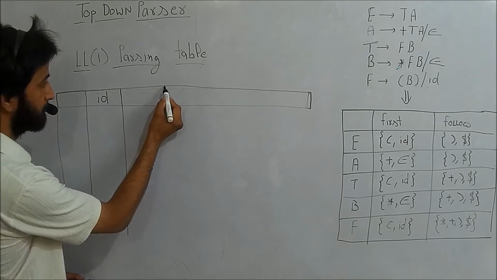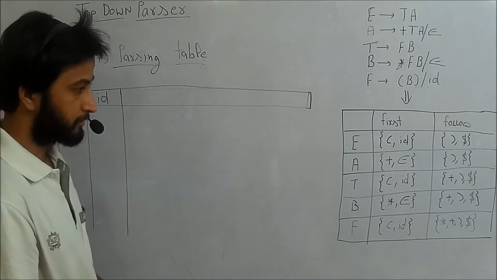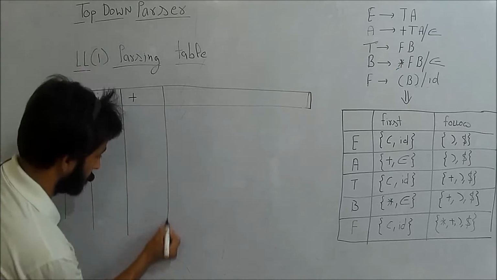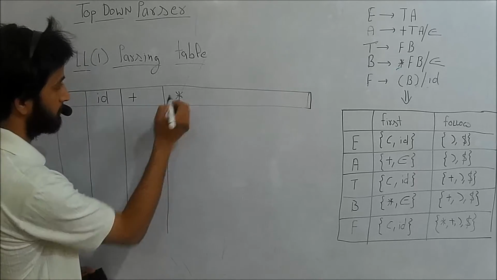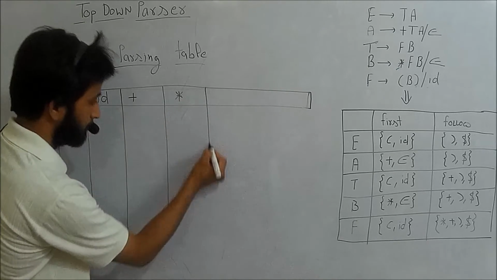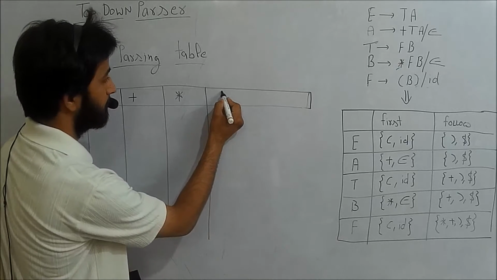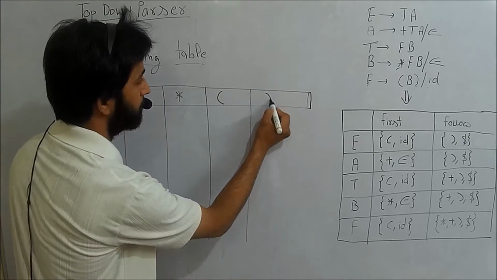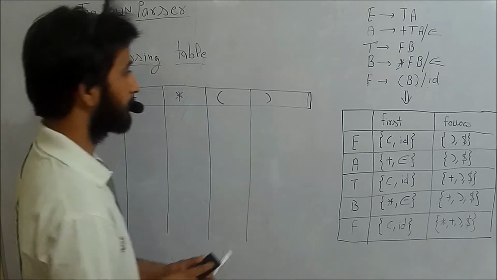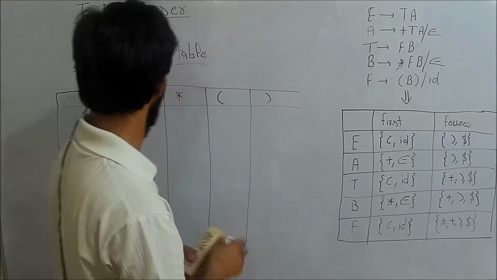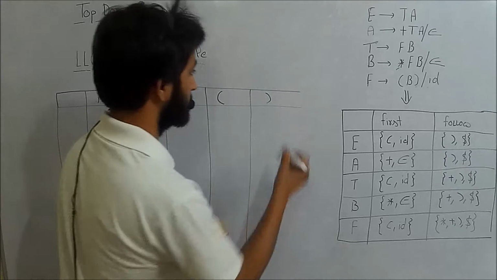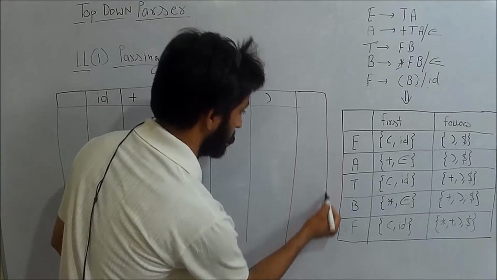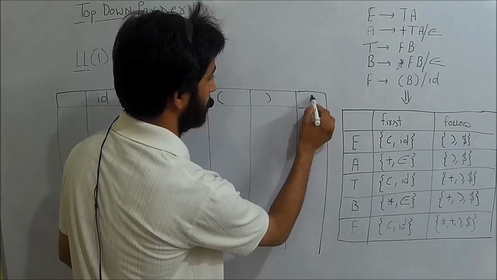After ID, next we have plus, then star. After star we have the starting brace, then the close brace, and at the last, the sixth one, is nothing but dollar.